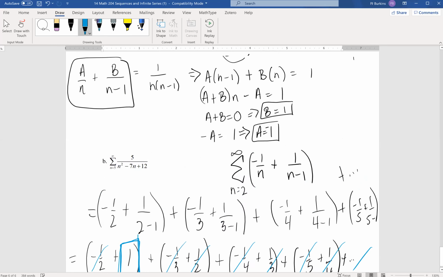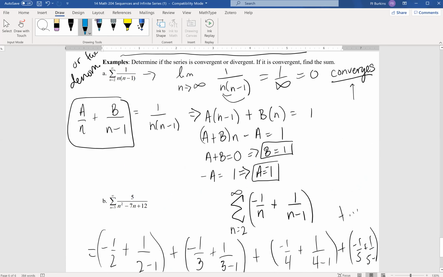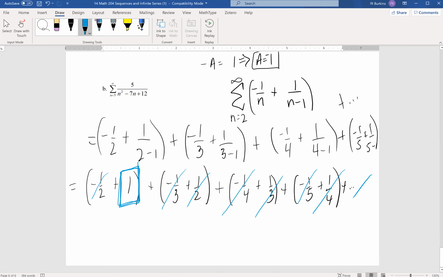So this converges, which we proved from the limit, and the sum is 1. So one of the questions you might have is, well, what happens to all these terms as you get out further? Well, notice the denominator is increasing, right?